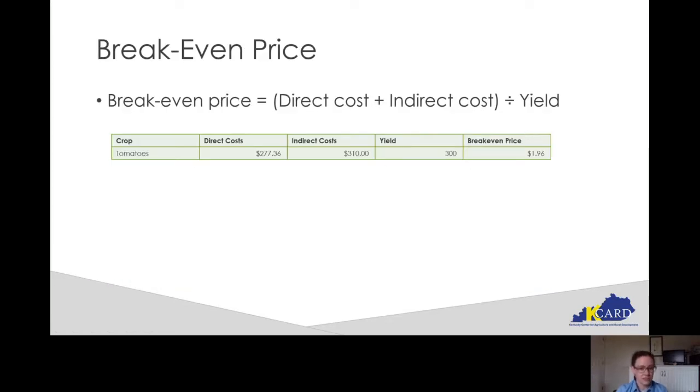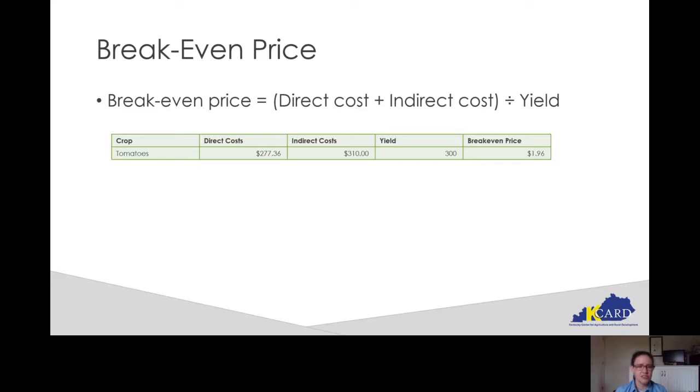So this actually gets you to a break-even price pretty easily. Let's say the yield is 300 pounds of tomatoes. So you know your total direct cost, what it cost you to grow the tomatoes, was $277.36. Your total indirect cost, after all the accounting fees, licenses, permits, depreciation, property taxes, anything else you may have, was about $310 in our scenario, and you know that you're going to grow about 300 pounds of tomatoes.